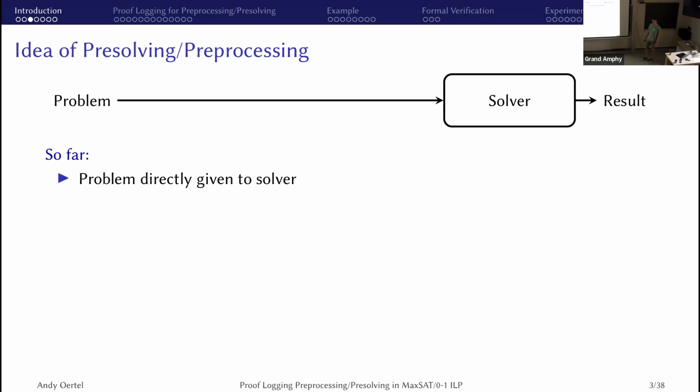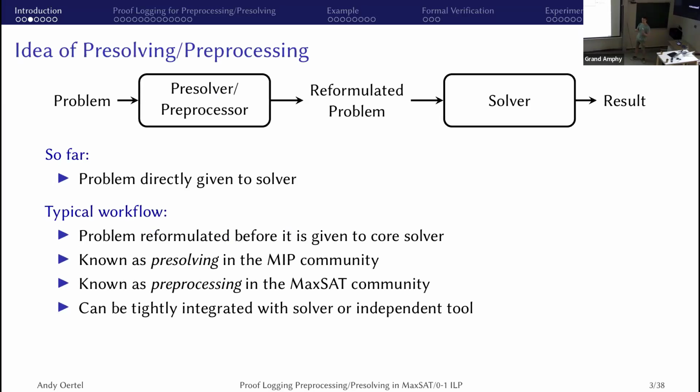So far in the previous tutorials, we always had this view that we have the problem, we give it to some solver, and the solver returns some result. But in this talk, we are looking closer at what the whole workflow actually looks like. Most workflows have a preprocessor or presolver that reformulates the problem by some techniques, giving a nicer problem that the actual solver, the core solving technique, can work with better.